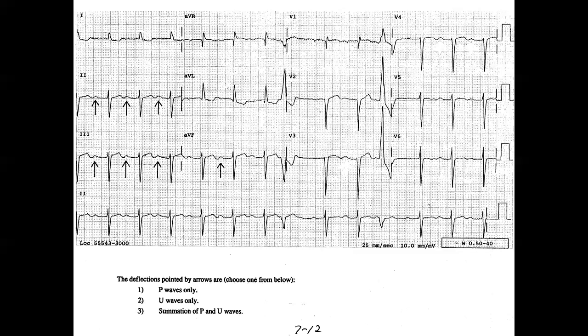I don't know how she could do that, but she did it. Then what's this one? V3 is from here to here. So she made the P isoelectric, so P should never show up. Then what's this one? It has to be a U. So it is a summation of a P and U.